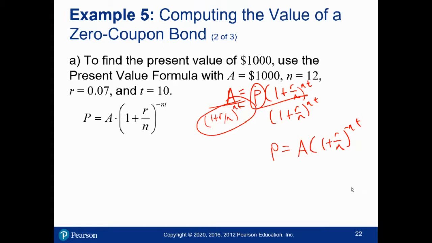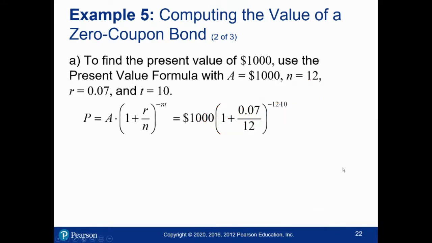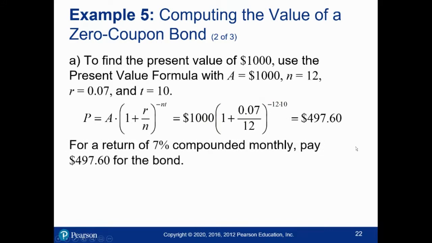It's the same formula as the other one. You're just switching whether you know the principal and want to find the future value, or in this version, you know the future value and you want to find the principal. That's the only difference. Anyway, continuing on. So we plug in the various values and compute $497.60. That's how much money today is worth $1,000 10 years from now, assuming 7% compounded monthly.